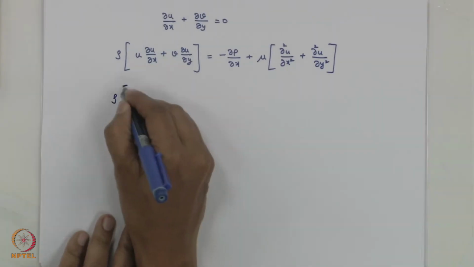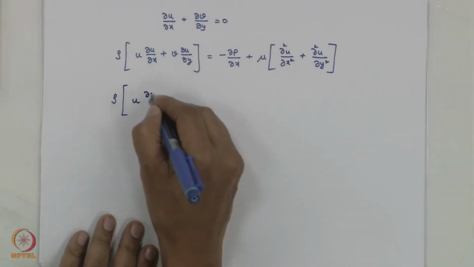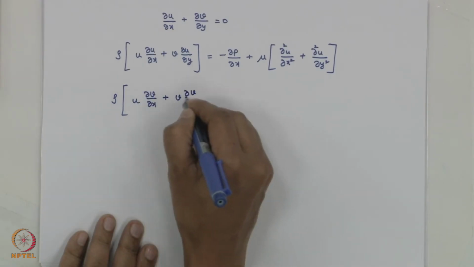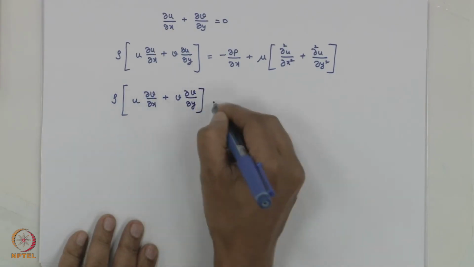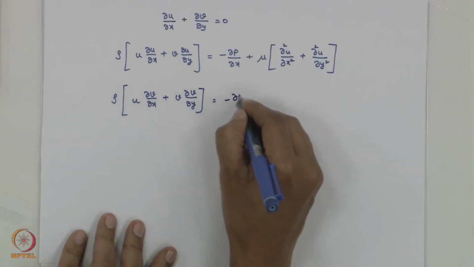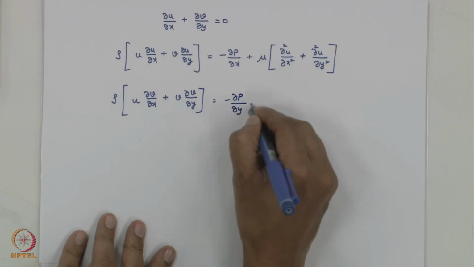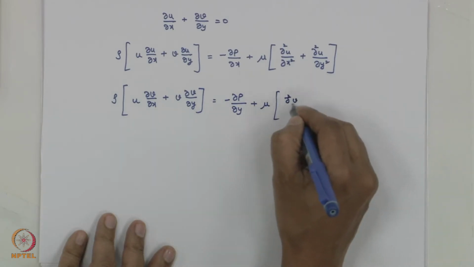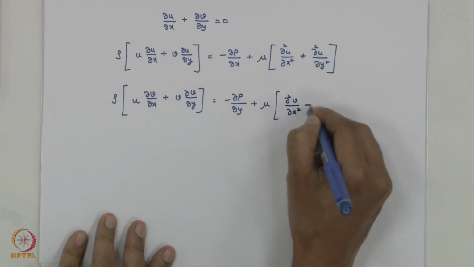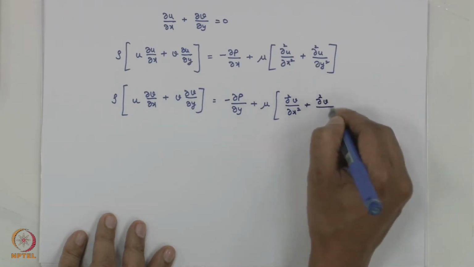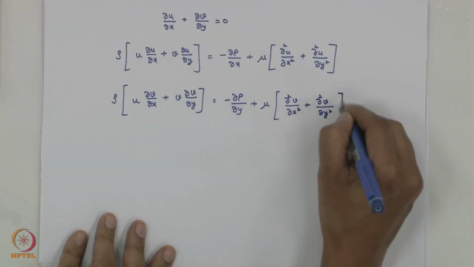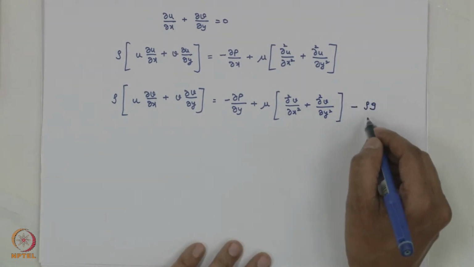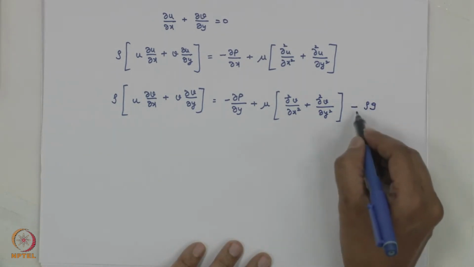The y momentum equation would be rho of u del v by del x plus v del v by del y equal to minus del p by del y plus mu times del squared v by del x squared plus del squared v by del y squared, minus rho g. What is rho g? That is the body force. Why negative?